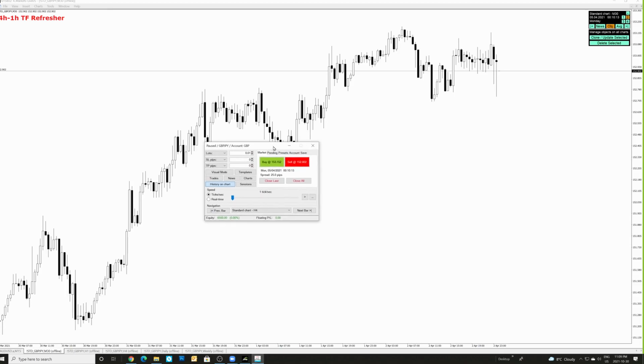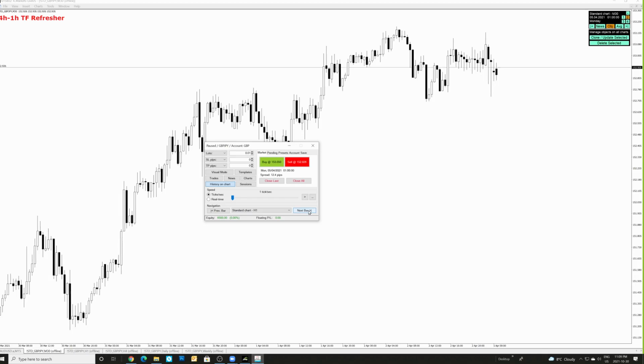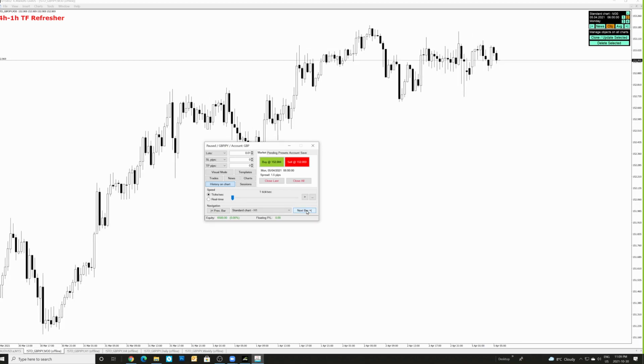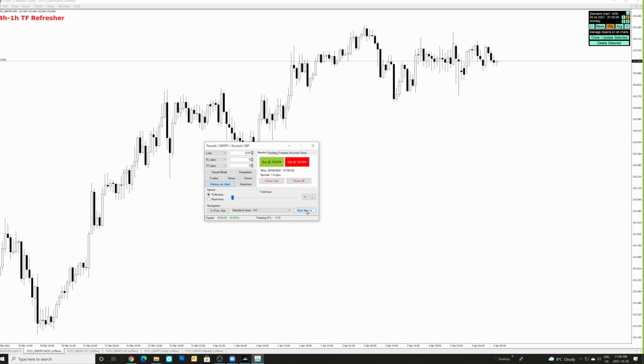All right. So we're going to go off of the 1 a.m. candle. So we're going to switch to 4 hour, and actually let's go towards the 1 hour over here first. So we're going to slowly go towards the 1 a.m. candle. This is 8 p.m., 9, 10, 11, 12, 1.